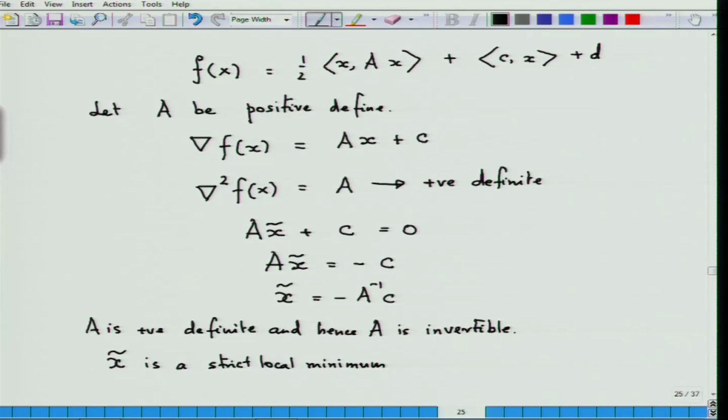But actually in this particular case, x bar is a strict local minimum, that information we already have from our theorem. But in this case, maybe as a homework I can ask you to show that x bar is a global minimum.